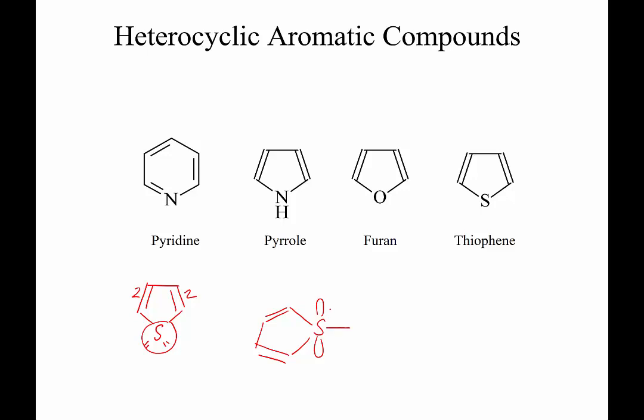The sulfur says, I'm going to put my 2 electrons there, and now these 2 electrons are part of the pi system. I've got 2, 4, 6. The system's aromatic. Does the sulfur have a lone pair outside of that? The answer is yes, and so it could bond an H plus.